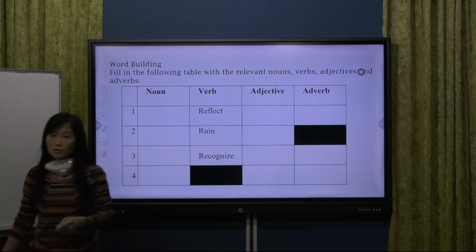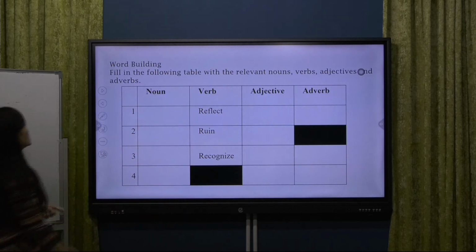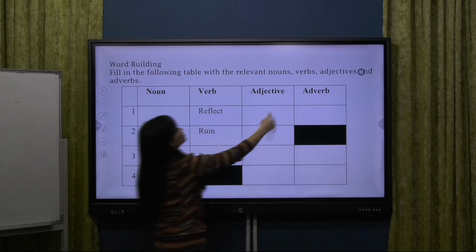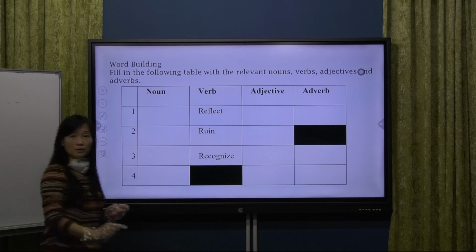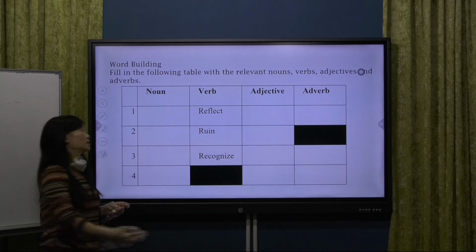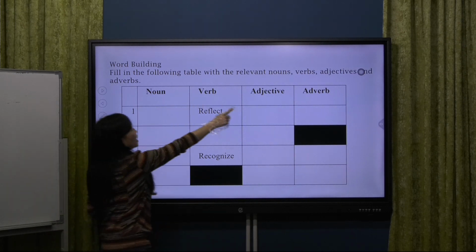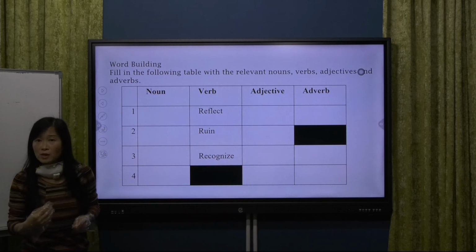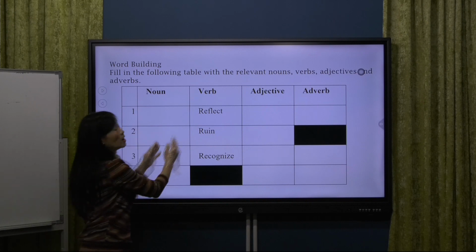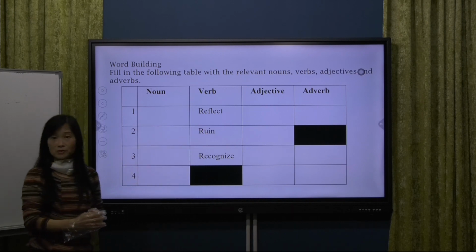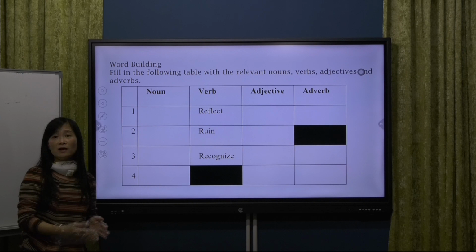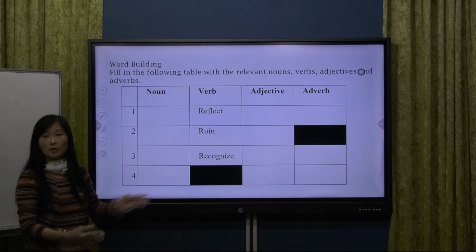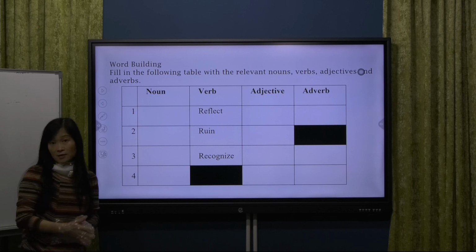I'm sure you have seen this before, right? This is a table for you to put in all the different parts of words: noun, verb, adjective, and adverb. In this lesson, I'm going to tell you something more about these 4 things so that you have a better idea of what they are, and it will help you to finish this table much easier, right?